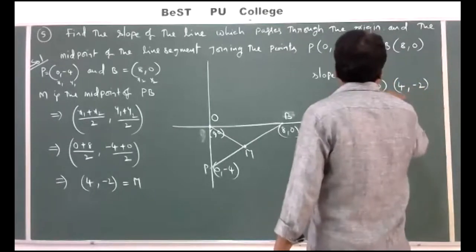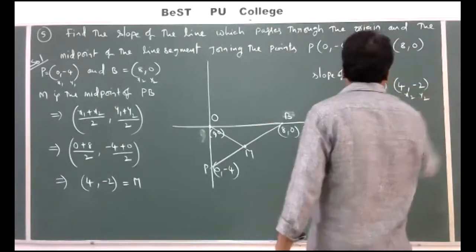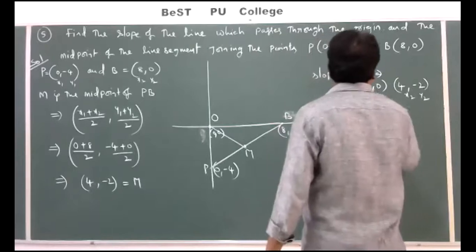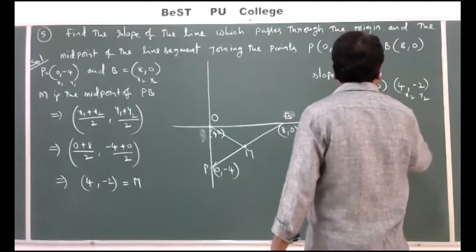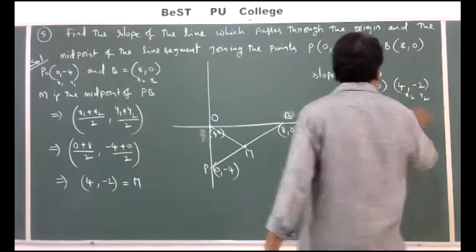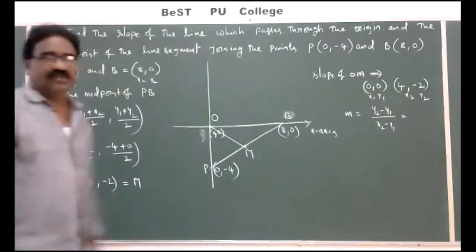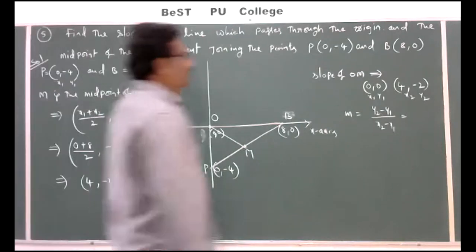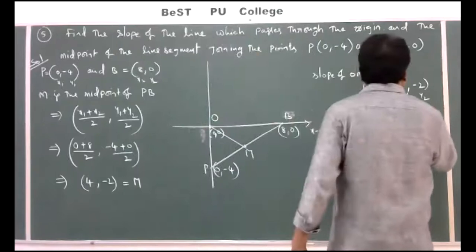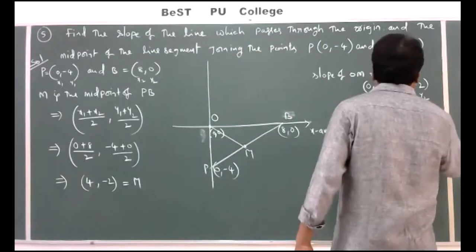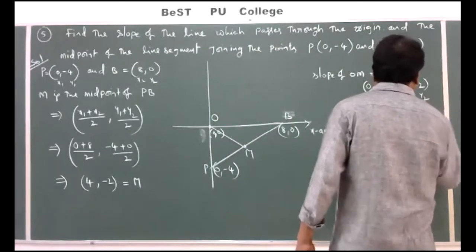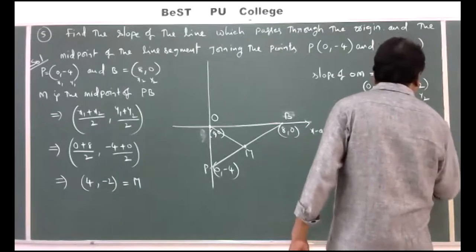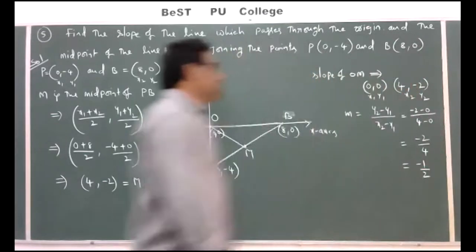This is x1, y1. This is x2, y2. Slope m is equal to (y2 minus y1) by (x2 minus x1), using this formula. Here substitute the values, (-2 minus 0) by (4 minus 0). Then you get -2 by 4. You get -1 by 2. That is the slope.